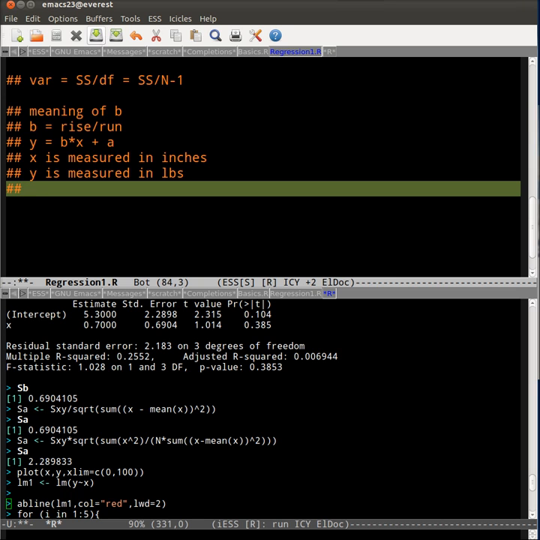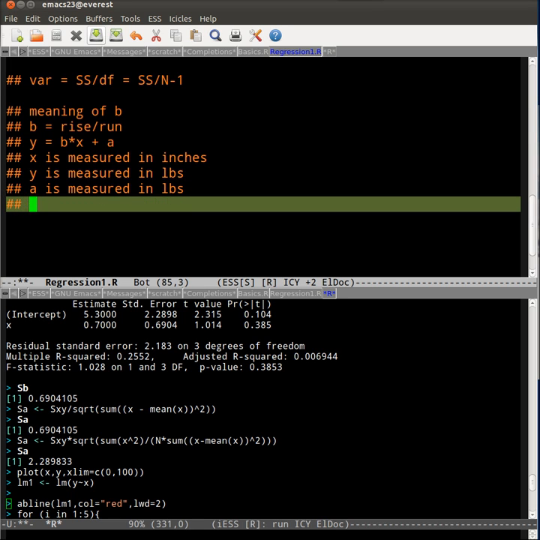So when we calculate B in our line of best fit, A is measured in pounds because X is 0 inches, and so therefore A is the y-intercept, and it must be measured in pounds.